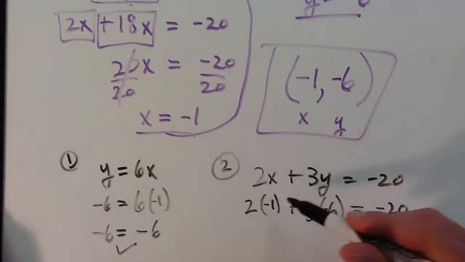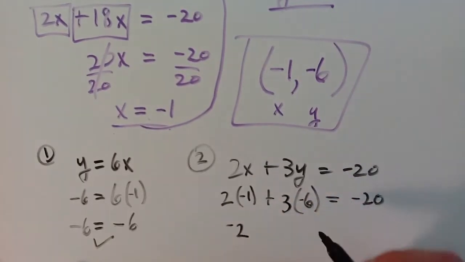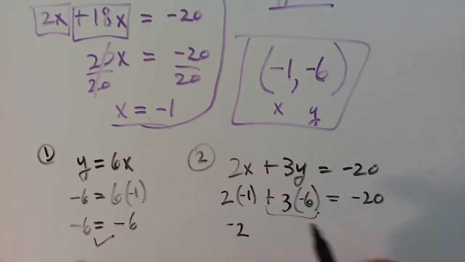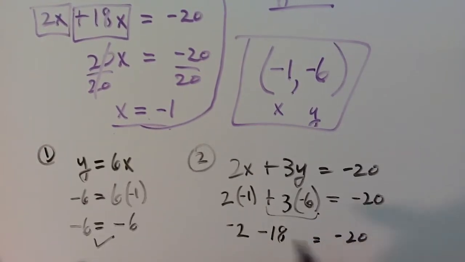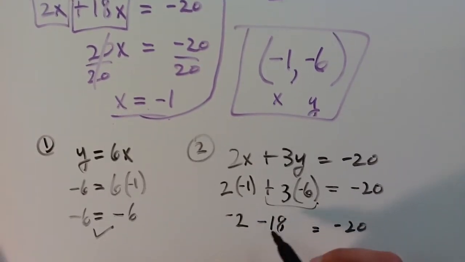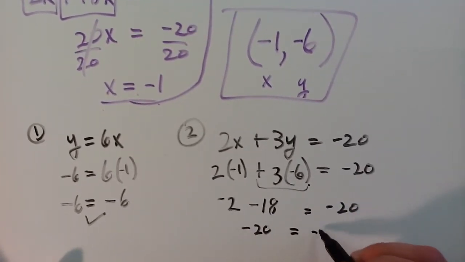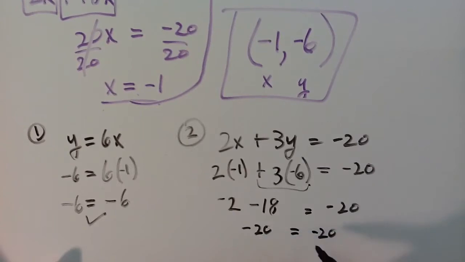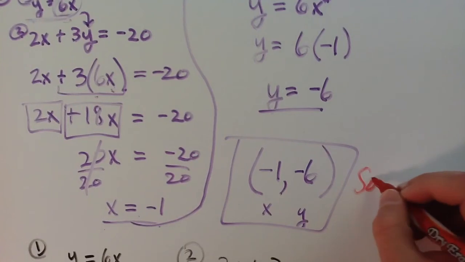All I did was plug in x and y into the equation. 2 times -1, that's -2. What's 3 times -6? That's -18, equal to -20. What's -2 and -18? Well, it's -20, right? Same signs add, keep the sign. Is this true? Does -20 equal -20? Yes, it does. And so this point, (-1, -6), satisfies both equations. Therefore, it is the solution to the system.